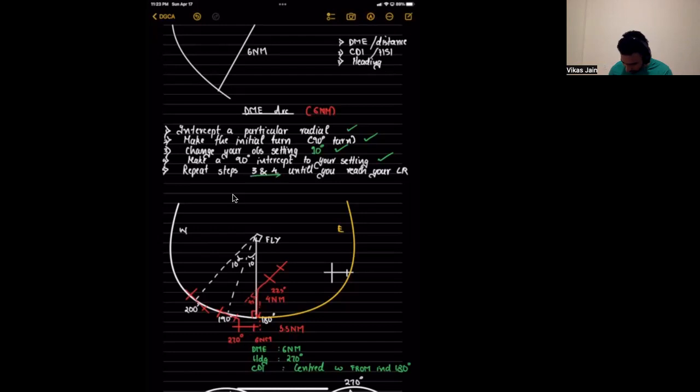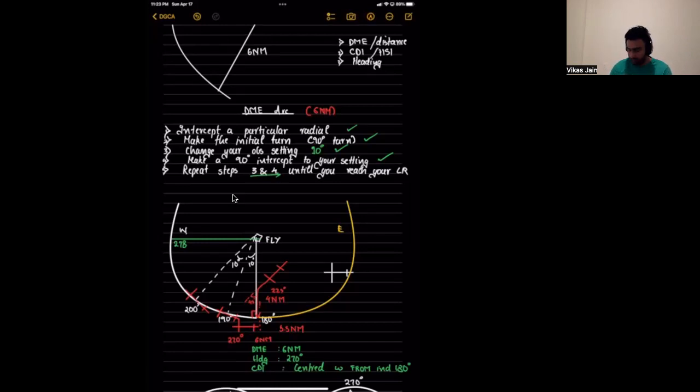So let's say on the procedure, they have asked you to make an arc until 270 degrees. So you start with 180, you tune 190, make a 90-degree intercept, tune 200, make a 90-degree intercept. Keep doing this until you go up to 270 degrees.